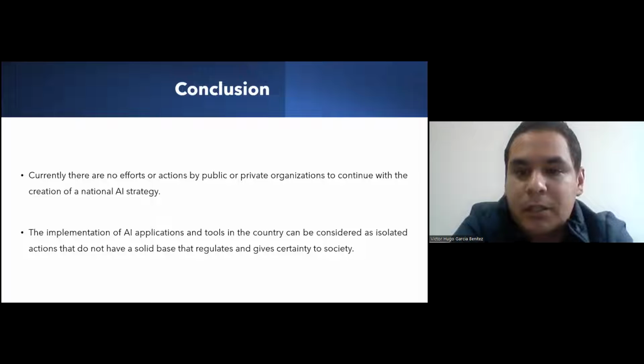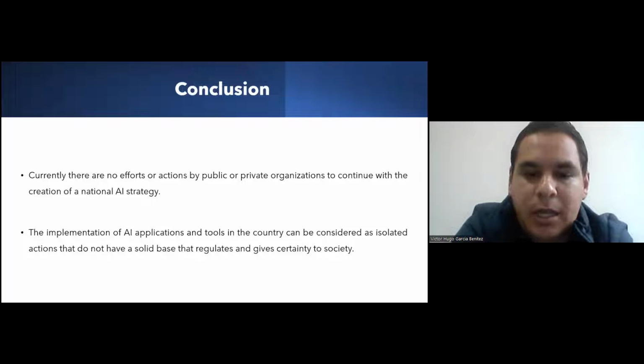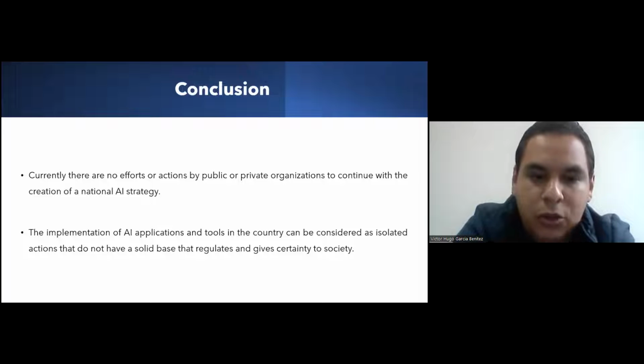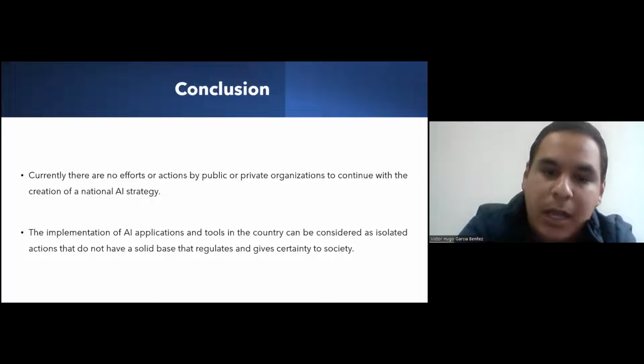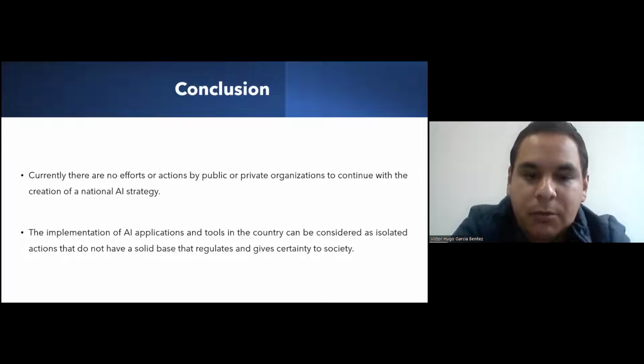Therefore, the implementation of AI systems, applications, and tools in the country can be considered isolated actions that do not have a solid base that regulates and gives certainty to society about the positive and negative implications of the adoption of AI.